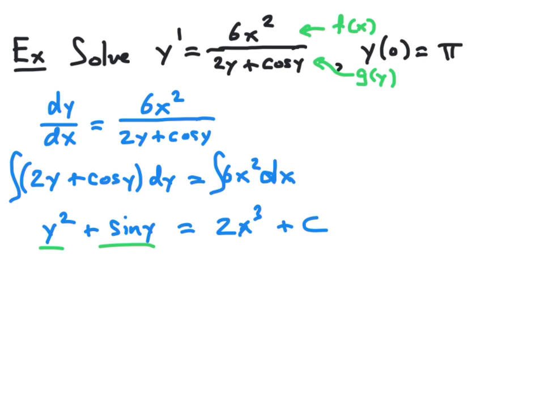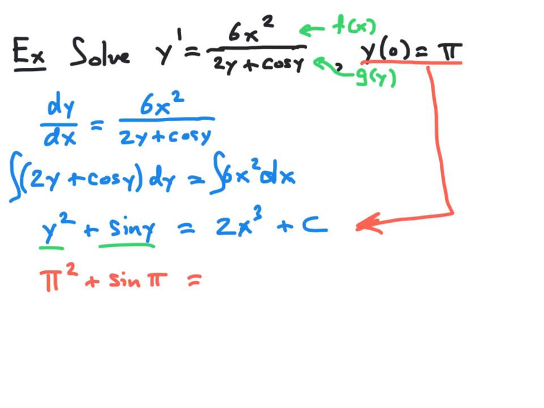We want to determine the exact value of c that satisfies our initial condition of y of 0 equals pi. And so we're going to substitute 0 in for x and pi in for y and solve for the constant c. So when pi is substituted in for y, we get pi squared plus sine of pi.